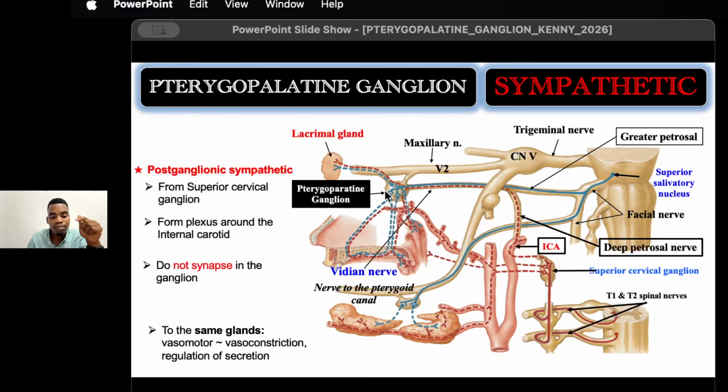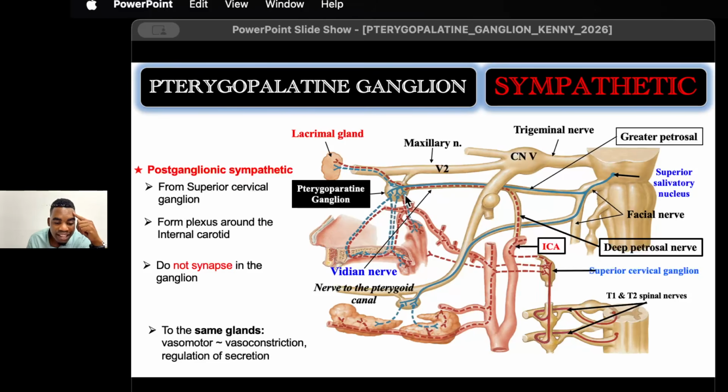But remember that the sympathetics have their own ganglia, and the highest one is called the superior cervical ganglion. So the fibers that are coming from the superior cervical ganglion are already postsynaptic, which are called the postganglionic sympathetic fibers. They are carried by way of the internal carotid artery, through the deep petrosal nerve, and the deep petrosal nerve is going to join the greater petrosal nerve to form the nerve to the pterygoid canal, which is called the Vidian nerve, and the Vidian nerve is going to the pterygopalatine ganglion.